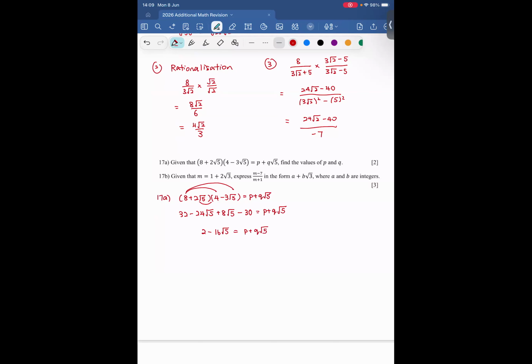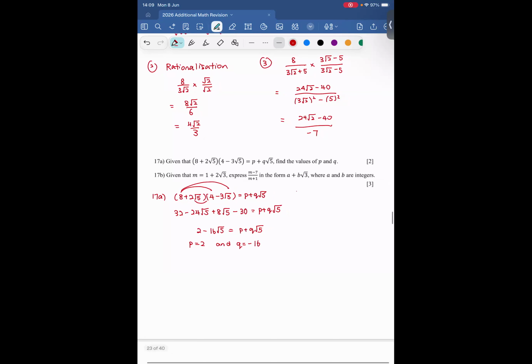Okay, by comparing, you know that P is actually equals to 2 and Q is equals to negative 16. Okay, 17B.